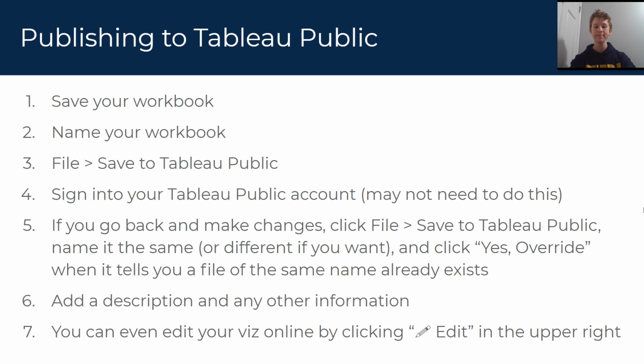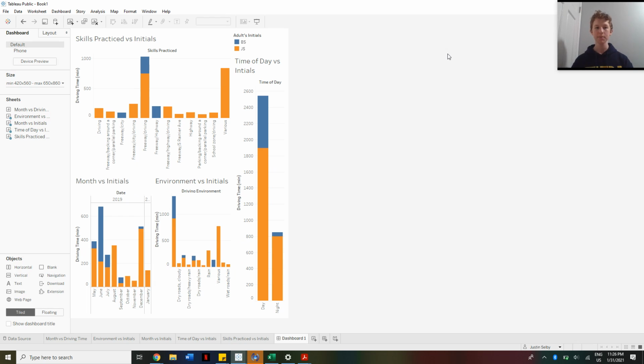So here we go. I have this dashboard that we made last time that I want to publish to Tableau Public. First I'm going to save it because I haven't saved it yet. I'm going to call it Driving Log Analysis.